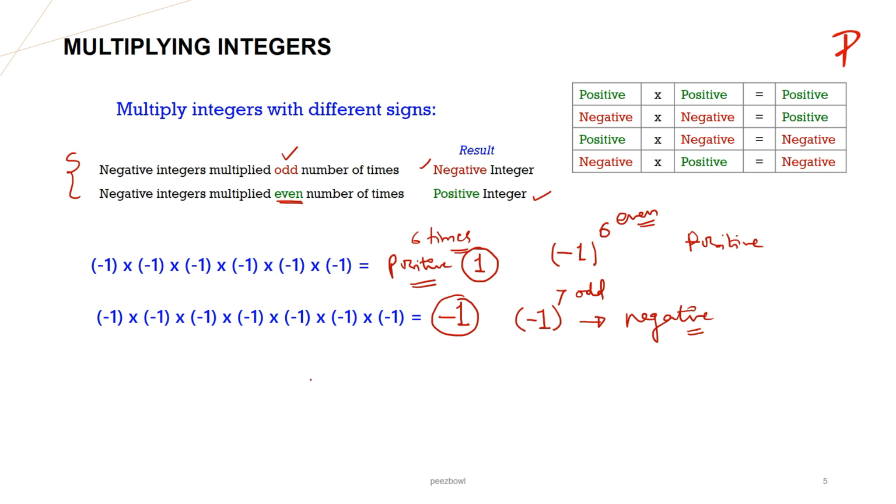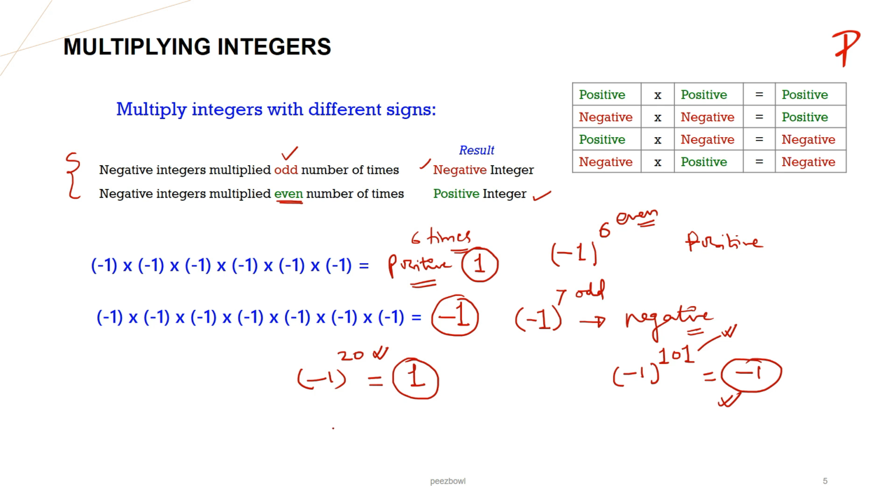So if I ask you -1 to the power 20, what is going to be the result of this particular multiplication? This is going to be, because 20 is an even number, so result of this multiplication is going to be 1, right? And when this -1 is having power of 101, then what is going to be the result? Is it going to be a positive number or is it going to be a negative number? Because 101, it's an odd number, so result of this particular multiplication is -1.